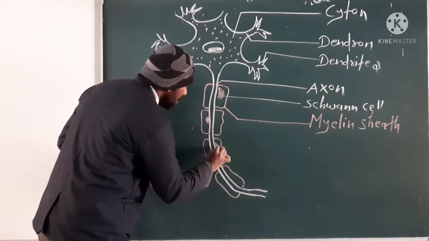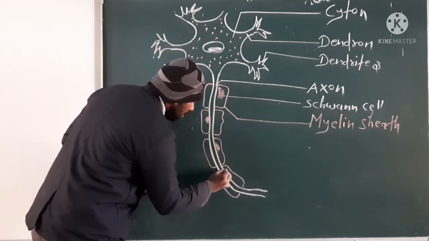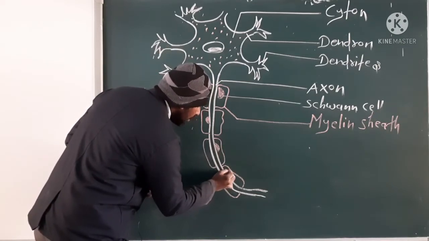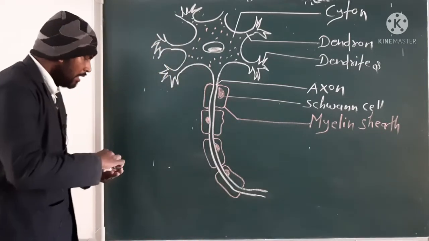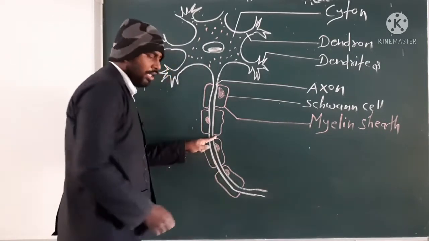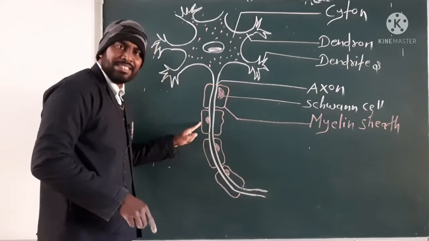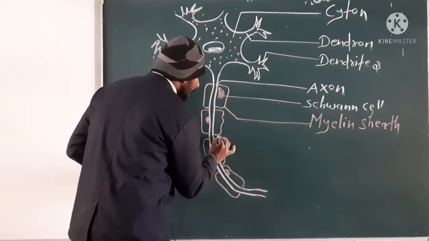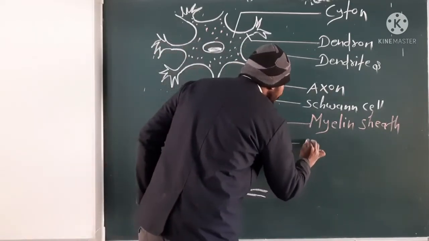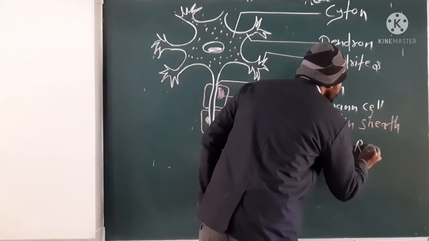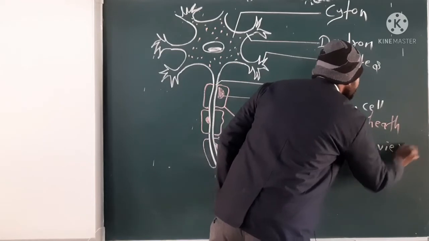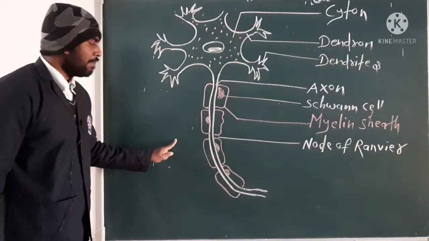Okay, this is the Schwann cell. I'm going to draw it. You can see, beta. The gap between two adjacent myelin sheaths is regarded as node of Ranvier. Okay, so you must understand about it.